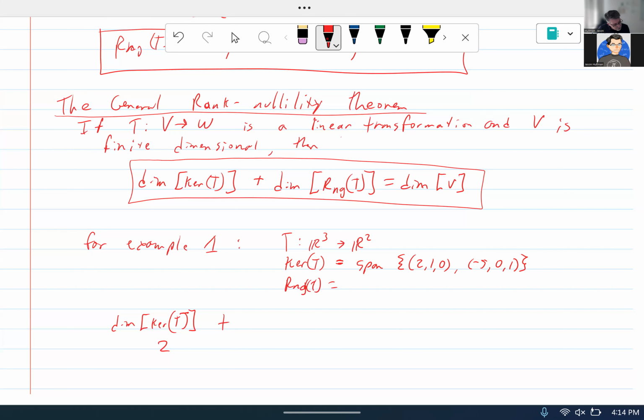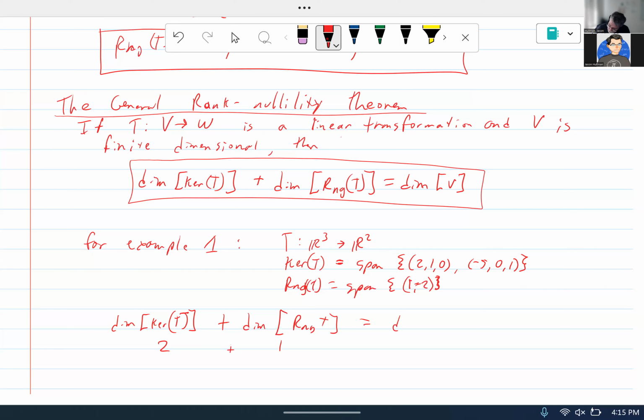The range of T was our column space, which was the span of (1, -2), which is just one vector. So the dimension of the range of T is just 1.